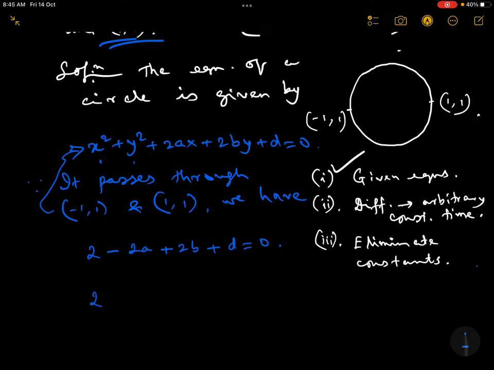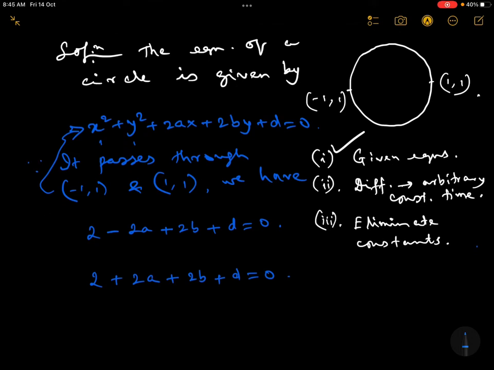Okay, 2 will appear again, 1 plus 1 is 2 plus 2a plus 2b plus d is again 0. And from here we can eliminate, we can solve these 2 equations. If we subtract these 2 equations, what do we get? Let's say this is equation a and this is equation b.